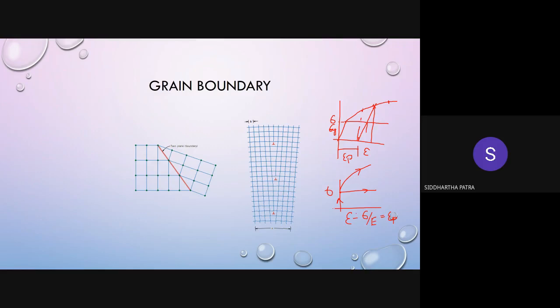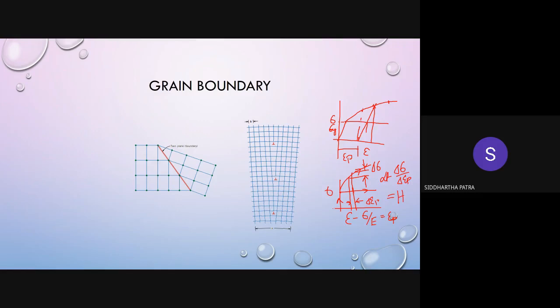That means even to cause a certain amount of additional plastic deformation, if it is your delta epsilon p, you need some delta sigma for that. And in the limit, delta sigma by delta epsilon p is called the hardening.